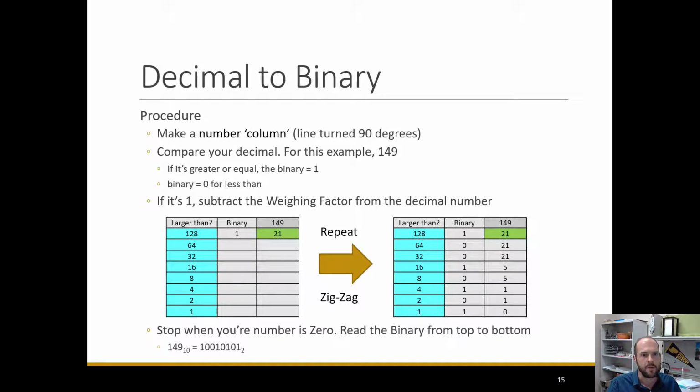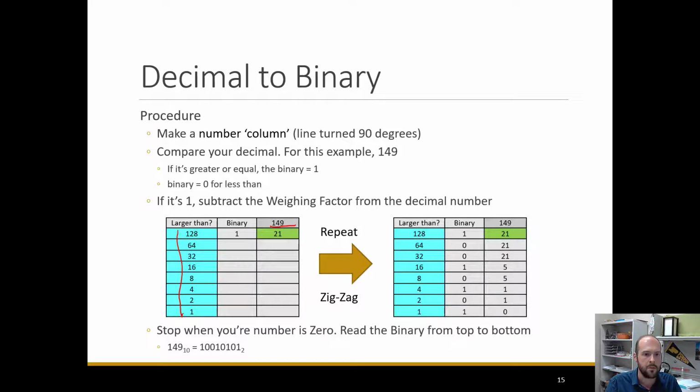And so the procedure that I like to use, there are some various setups for this. If you search online for decimal to binary, you'll see a number of different methods. I like the columns. You write your decimal number in the top right. You have your number line in a column along the left. And basically you say, is your decimal number larger than the next number down?